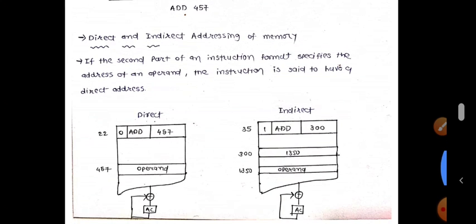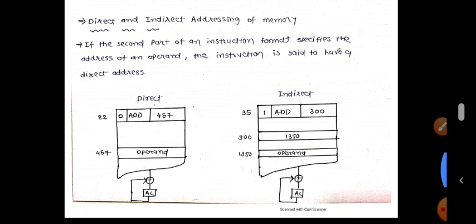Direct addressing mode is defined as follows: if the second part of the instruction format specifies the address of an operand, the instruction is said to have a direct address. Here you can see one figure.